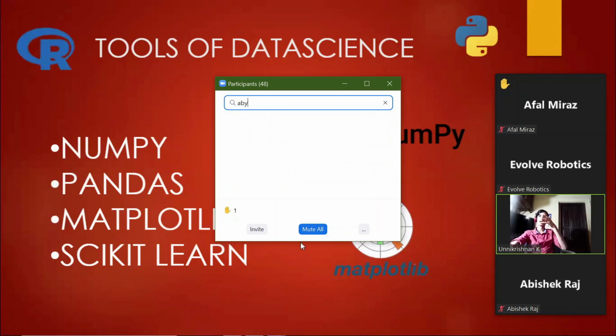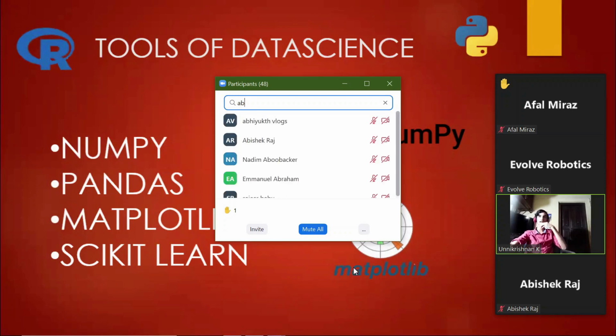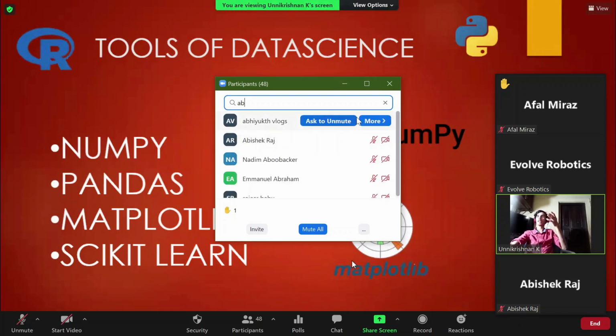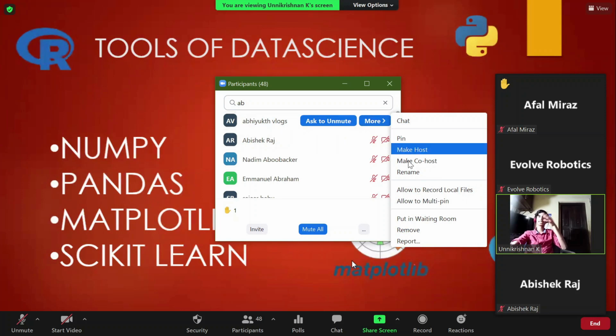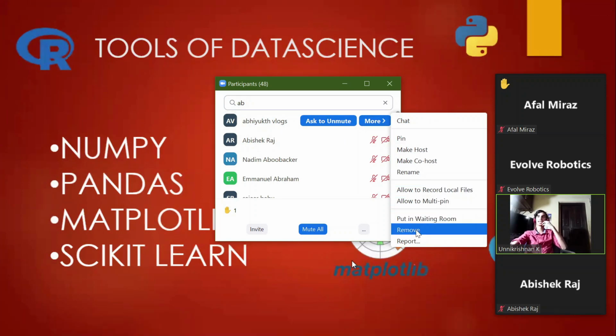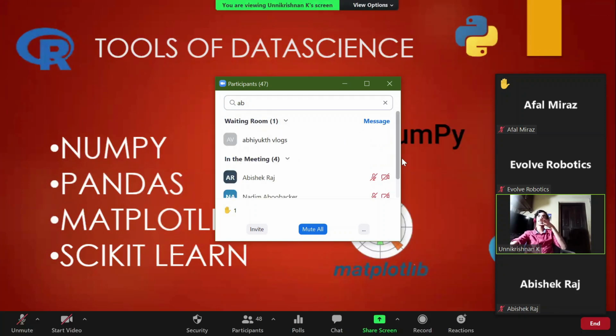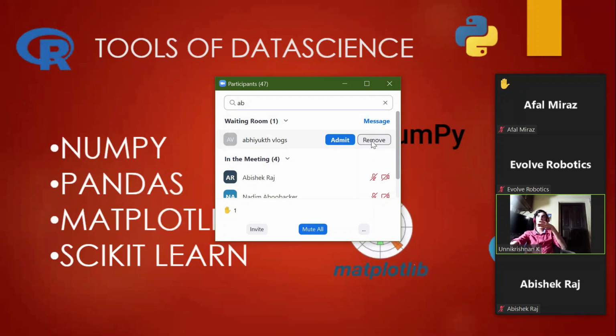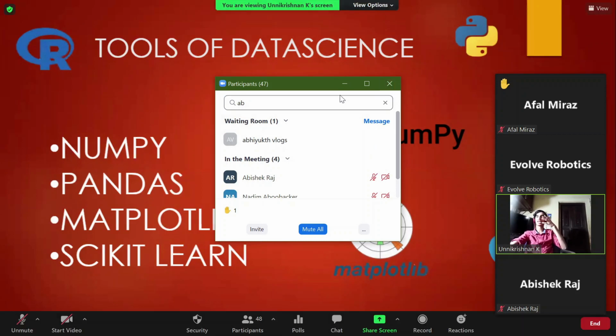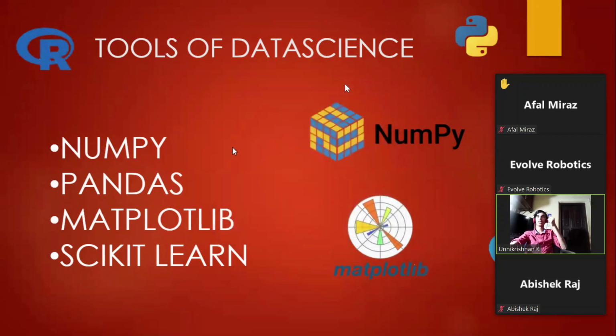We use matplotlib to plot graphs and all. Then we have scikit-learn. We discussed creating models earlier, right? So we use scikit-learn to do machine learning and all, to create models and all. So everyone make note of these tools in data science, and look at the logo of all these. It might come in handy in the nearby slides.